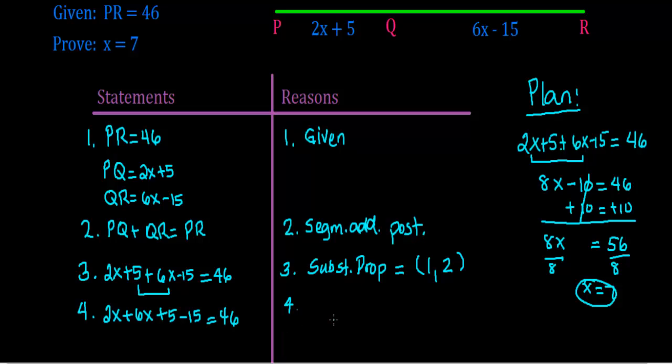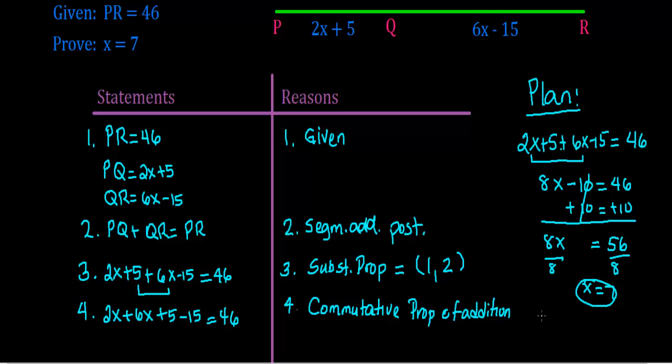And I can do that because there's a property that's called the commutative property of addition that says, here's what it says. I'm going to write here to the side what this property says.